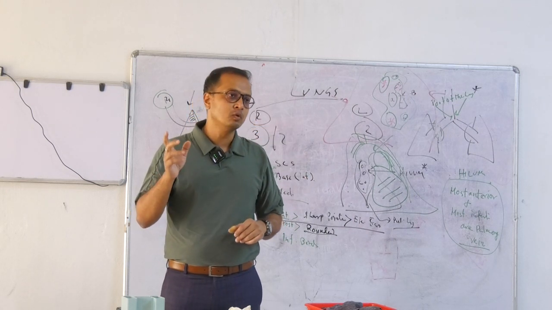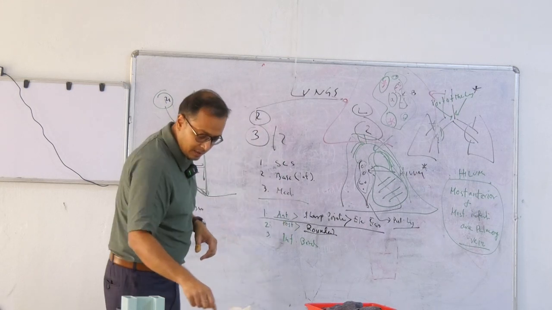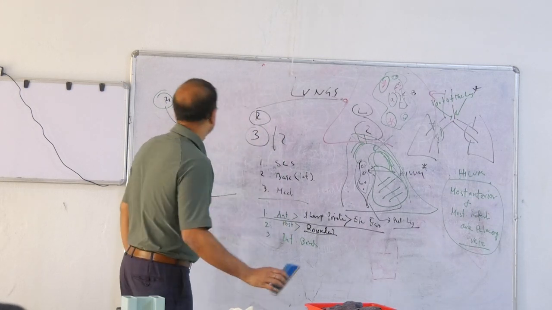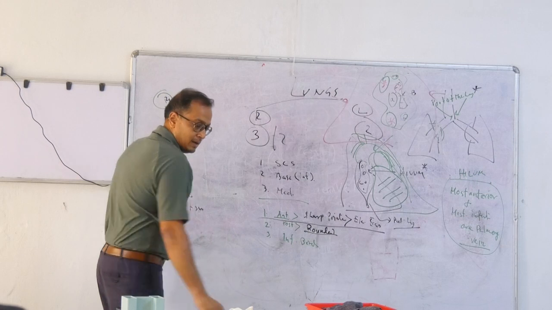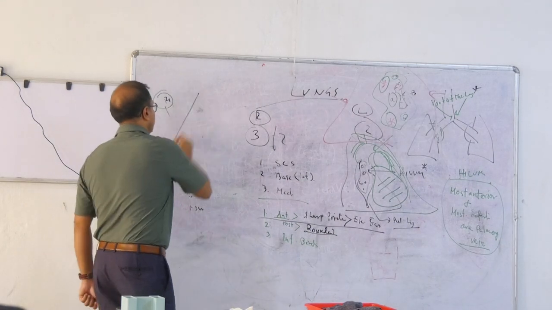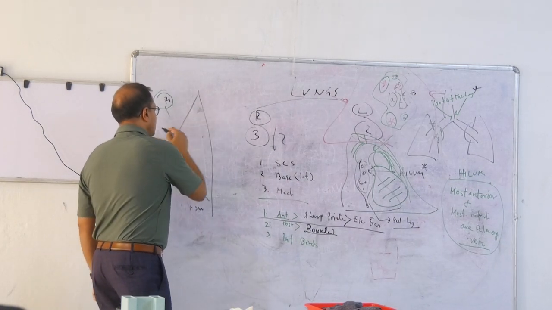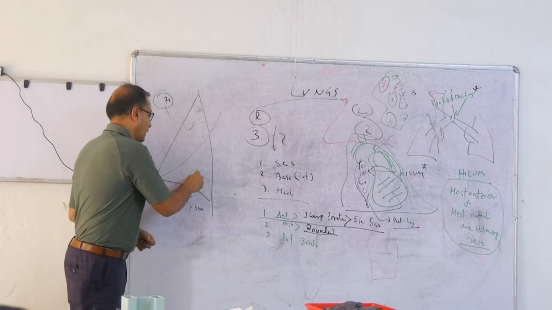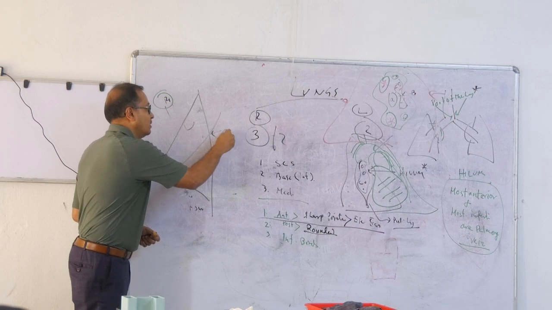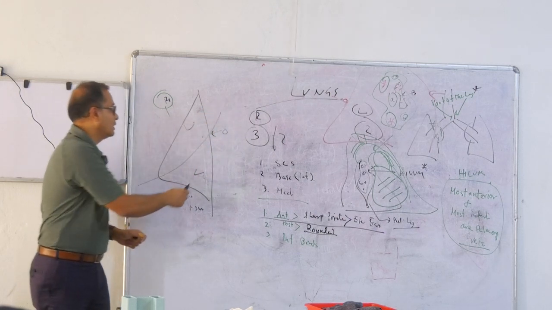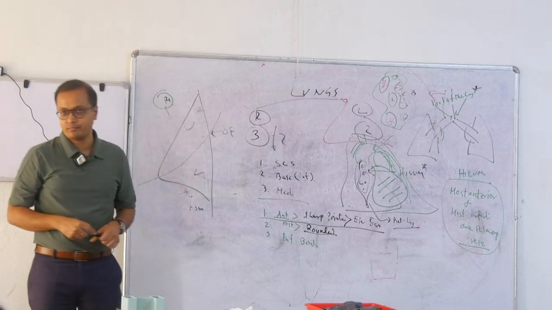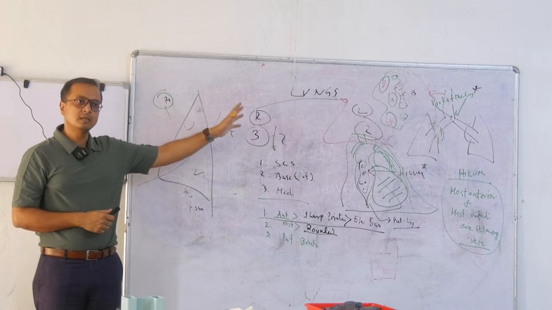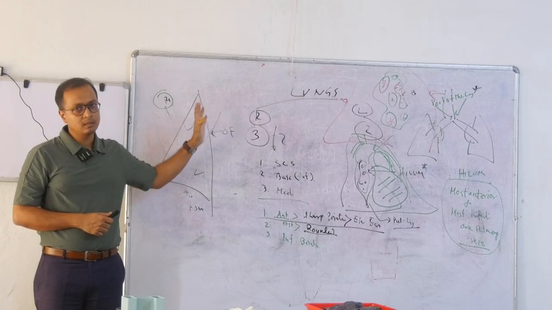If you see this lung, there is a fissure splitting it into upper lobe and lower lobe, running obliquely. We call it the oblique fissure, OF. The oblique fissure is present in both the right lung and the left lung.